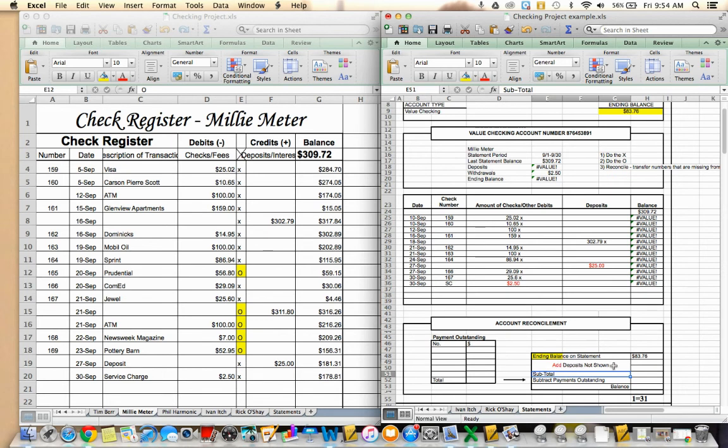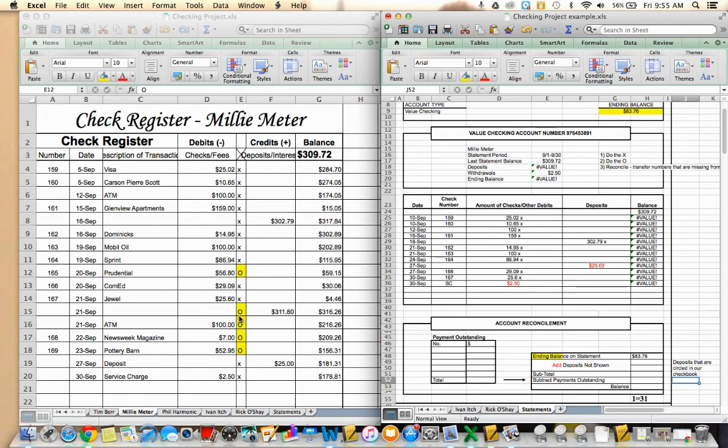The deposits not shown, you might want to write yourself a note that the deposits that are circled in our checkbook. Okay, so we go down the line. Anything visually on the left is a check, anything on the right.